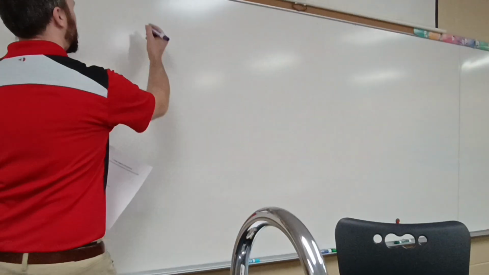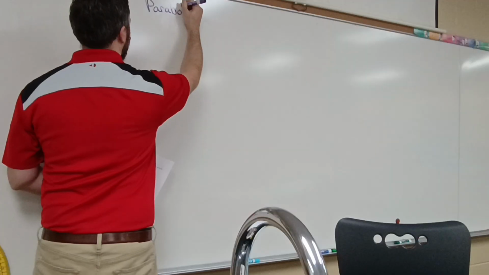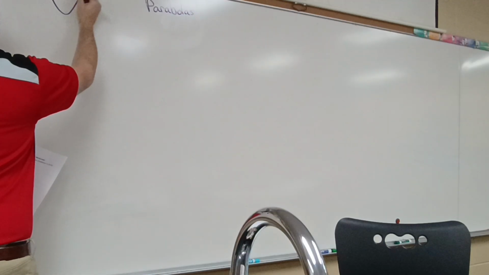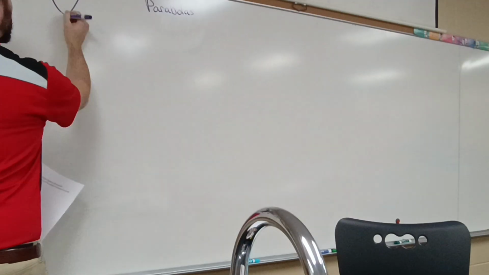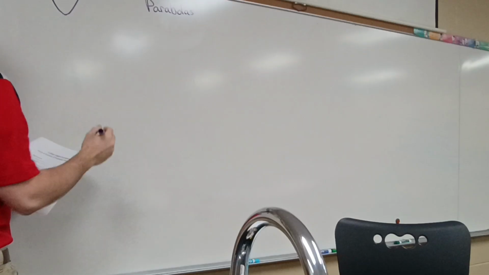First thing I want to look at is something called parabolas. All right, so you've seen parabolas before. Also, it would be helpful if you have that cheat sheet with the different graphs on it. Just have that on the side and look at your parabolas. But parabolas come in two forms.